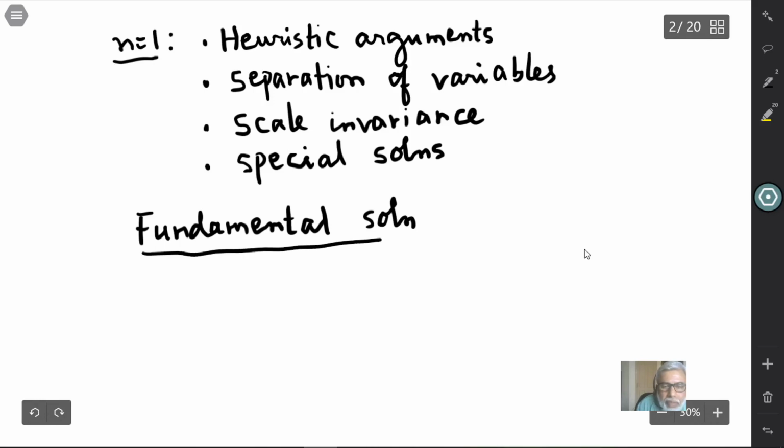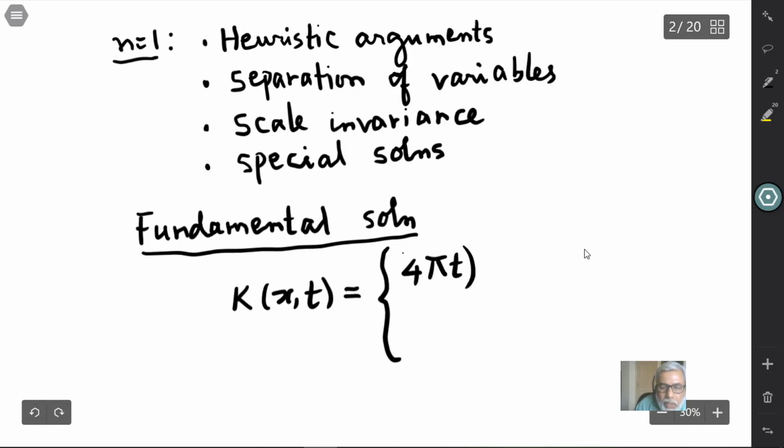So we denote it by k. It's a function of x and t, given by (4 pi t) to the minus half, exponential minus x square by 4t.